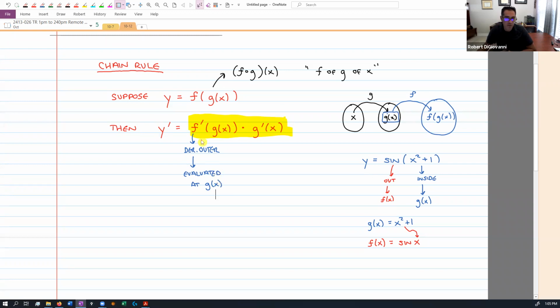That's important. You're going to take the derivative of the function, but you're not going to plug x into it. You're going to plug the whole function g into it. And then after you do that, you are going to multiply that by the derivative of g. Or sorry, the derivative of the inner function, I should say.